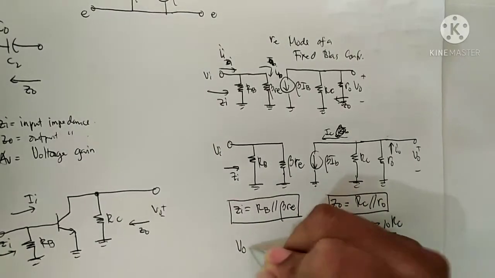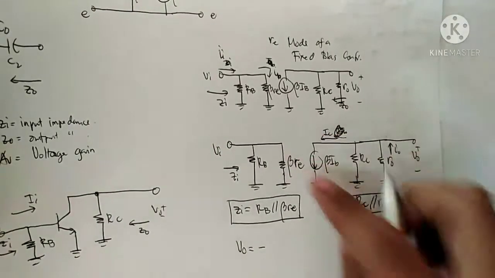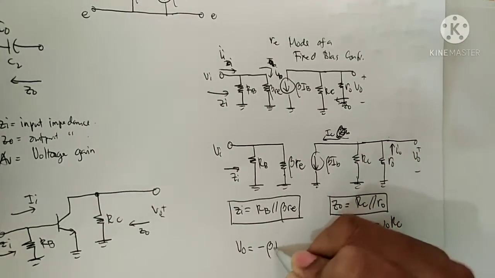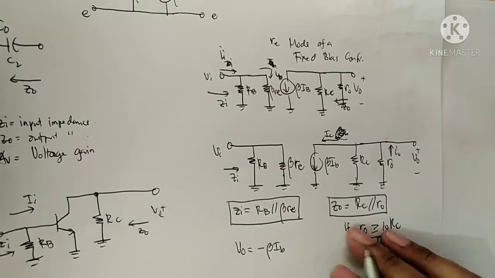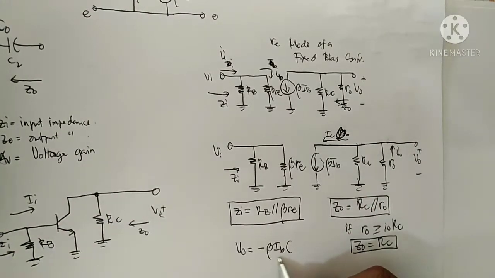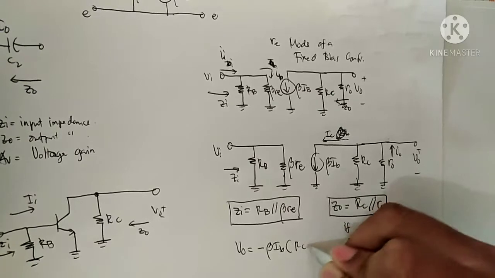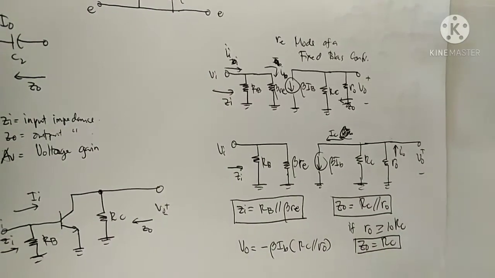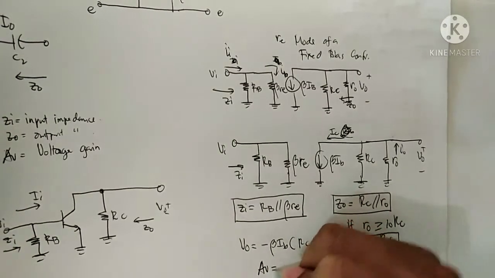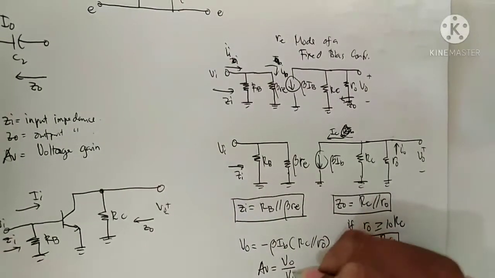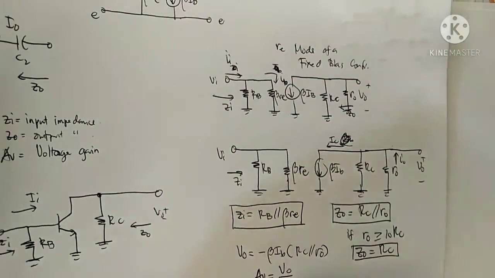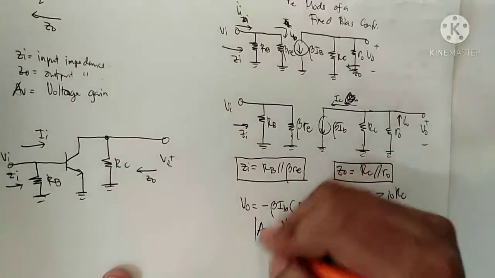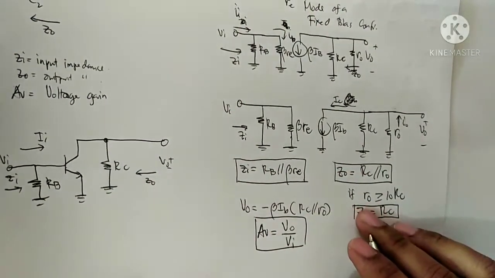Therefore, Vout is equal to negative beta Ib times the total resistance RC parallel ro, since the direction is reversed. As we all know, the voltage gain is just equal to Vo over Vi, the ratio between Vout over Vi.